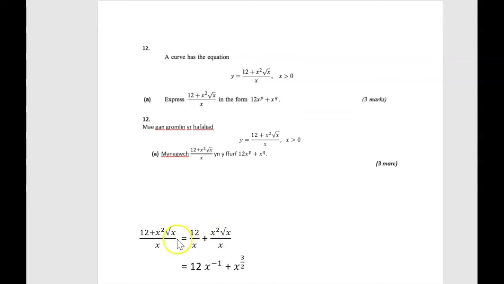Now, 12 over x is 12 times x to the power minus 1, since 1 over x is x to the minus 1. And x squared divided by x is x times root x, which is x to the power of a half. If we add the powers, we'll have 1 and a half, which is 3 over 2. So we've got our simplified version.